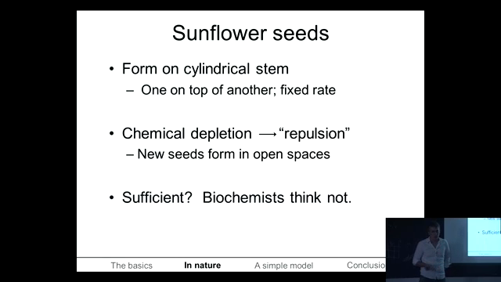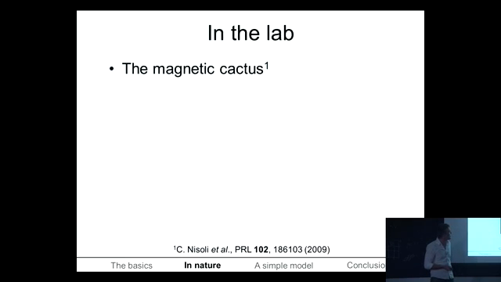Now, biochemists are actually quite interested in this phenomenon, and they have some very complicated models that go way beyond these facts. But as you can probably imagine, physicists aren't too interested in that. And in fact, some people at Penn State University have designed a kind of toy model of a sunflower, which they call a magnetic cactus.